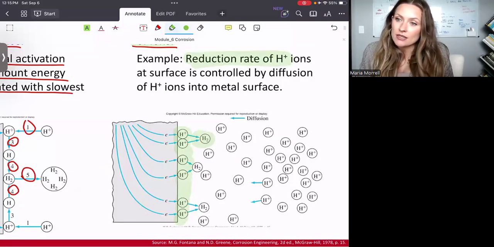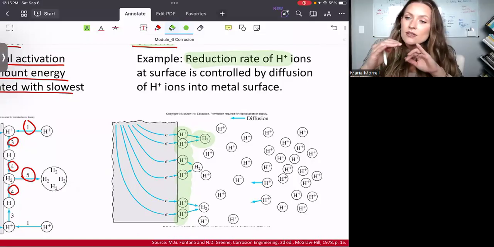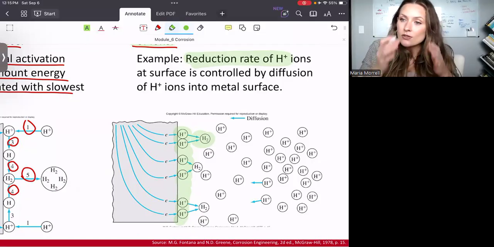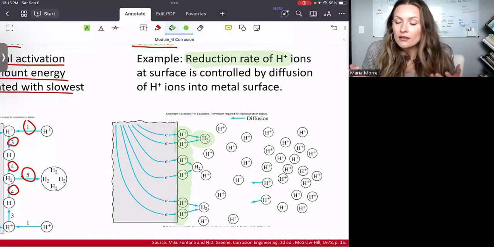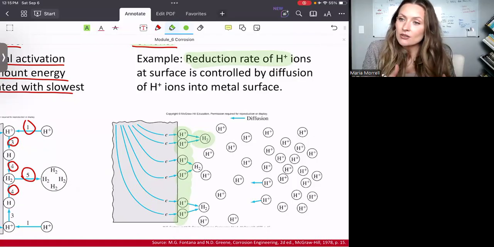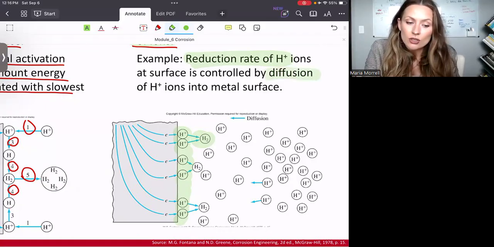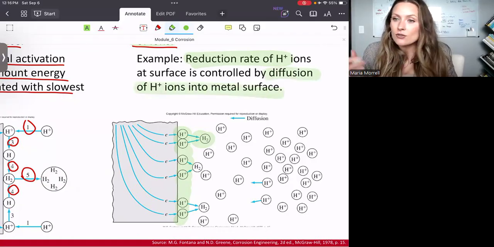And so now I need to wait for other available ions to diffuse into this space next to the surface of the metal, meaning that polarization in this particular scenario is controlled by the diffusion of hydrogen ions to the metal surface, right?